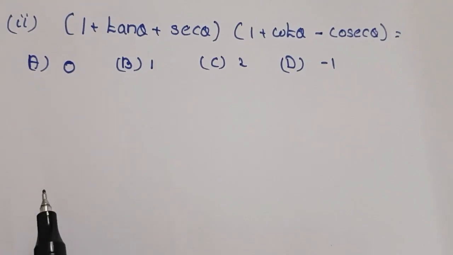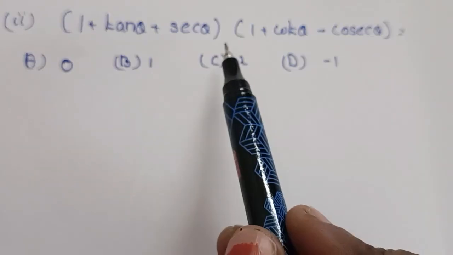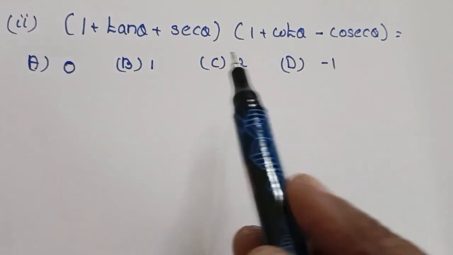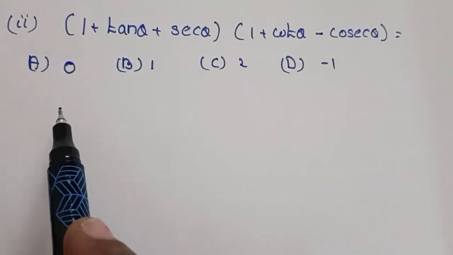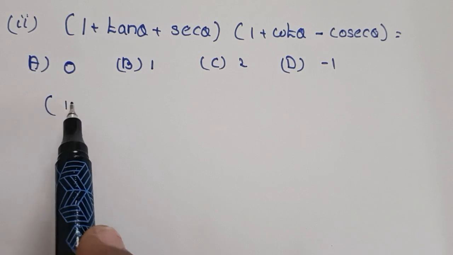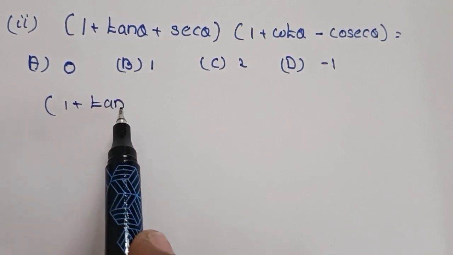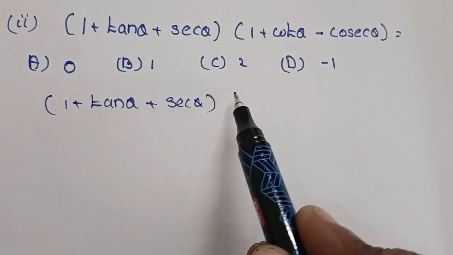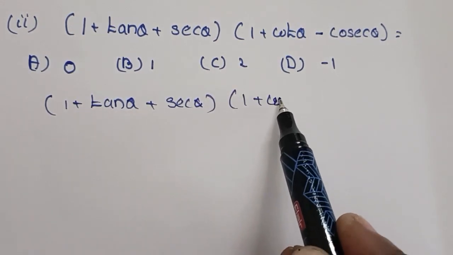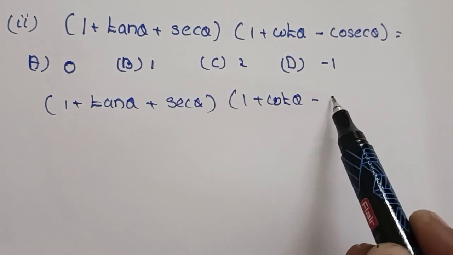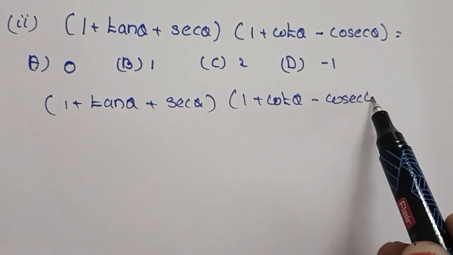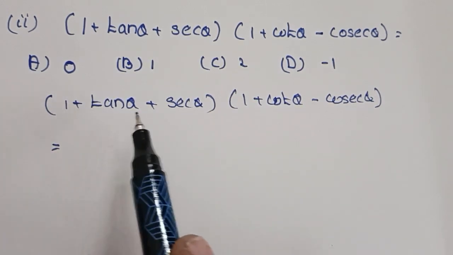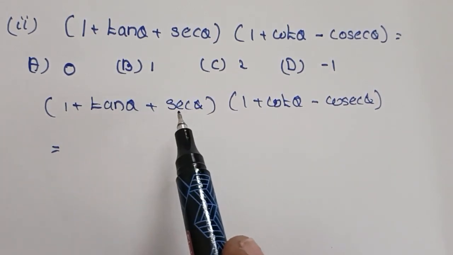Second question. (1 plus tan theta plus sec theta) into (1 plus cot theta minus cosec theta) equal to, here the options are given. So that is equal to, change all the given terms in terms of sin and cos.